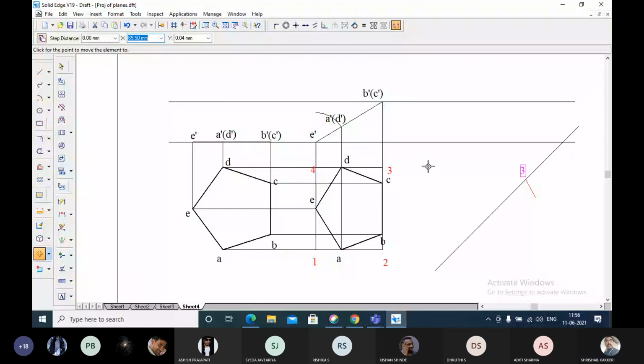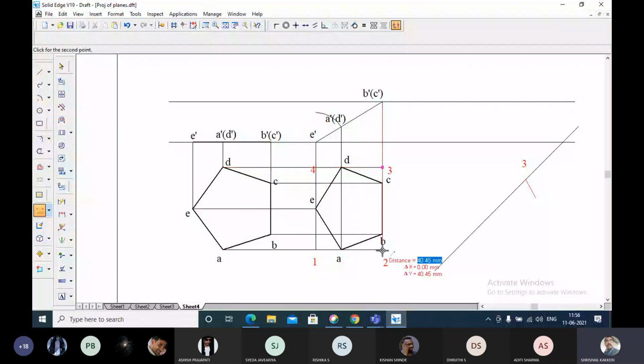Now, measure this length 3 to 4 and 3 to 1. Now my point is, I want to mark this point, or you want to mark this point, you just look at what you want. First, let me mark this point 2. What is this distance? You measure this: 40.45.